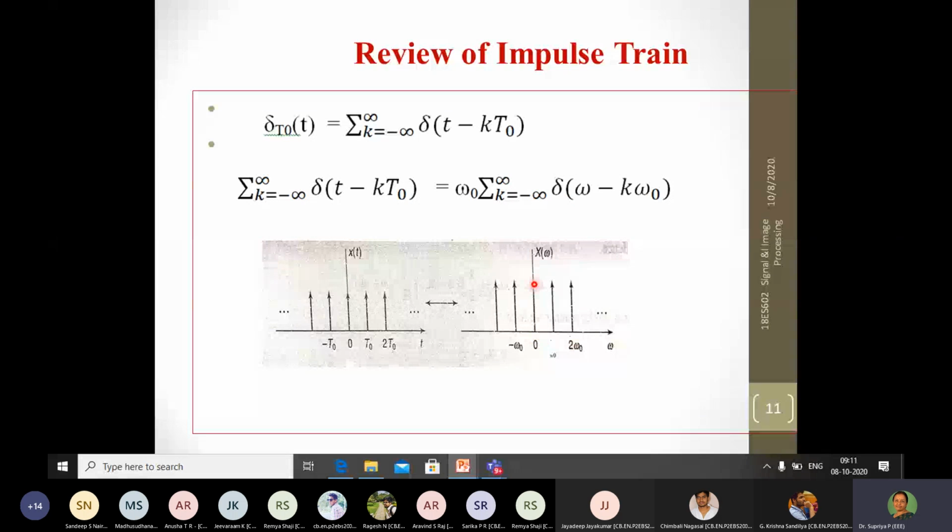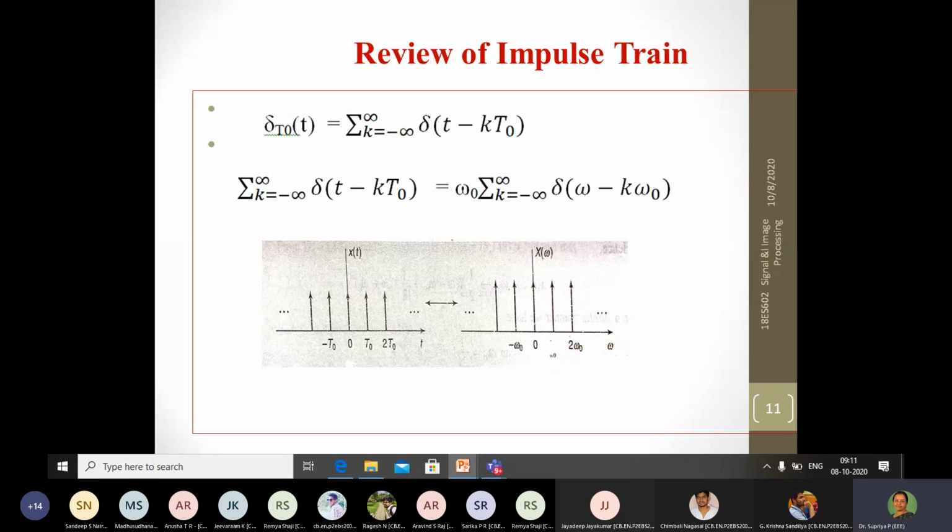That value of the function will be omega naught into that function, so it is not going to be just 1. And same way when k equal to 1, we will have omega minus omega naught, which means it will be shifted by a value of omega naught. When it is 2 omega naught, it will be shifted by 2 omega naught, so on and so forth.